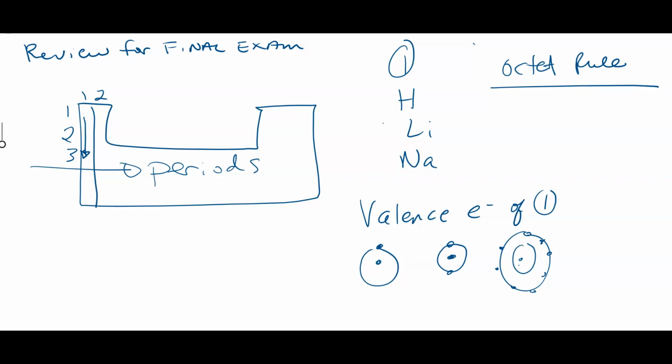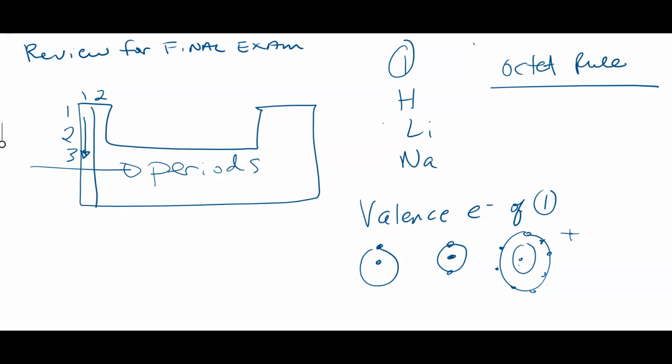So once sodium loses that 1 electron, it has a plus charge. So these guys are going to do whatever they can. This is the whole purpose of the periodic table. All elements want to have a full outer shell if they can. And so they're going to follow that octet rule.